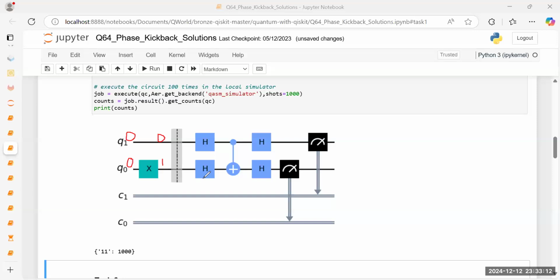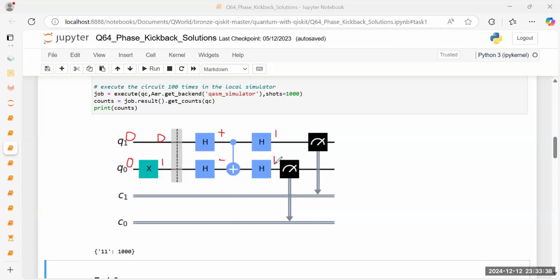At this point, we apply H gates, and we have the plus state here and the minus state here. Then we apply a control not operator and a couple of Hadamard gates. And when we do this, we end up with 1, 1.